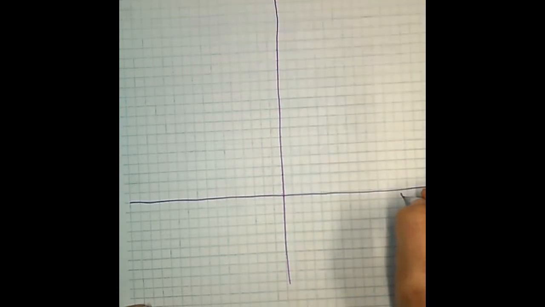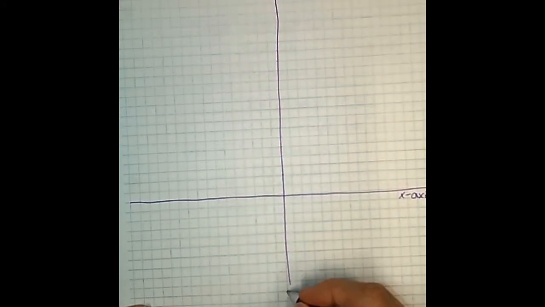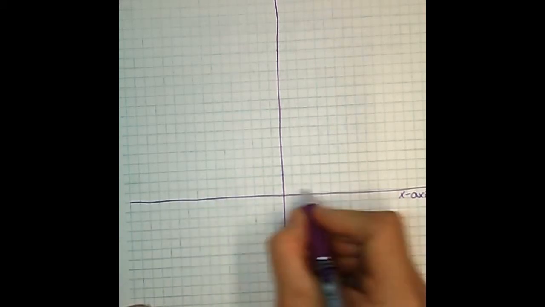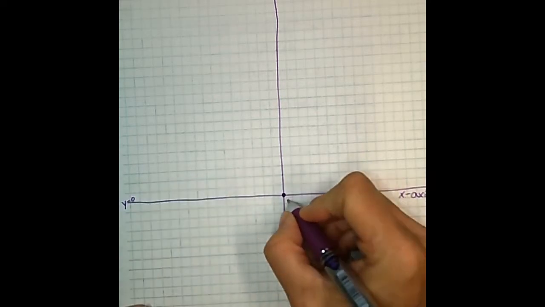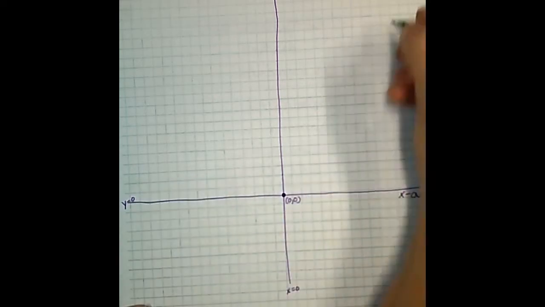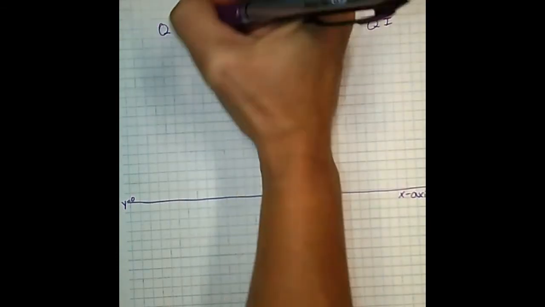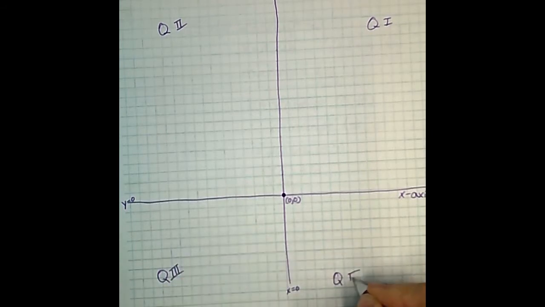I have my x-axis. And any time I have a point on the y-axis, x is 0. Anytime I have a point on my x-axis, y is 0. This point right here is called the origin. It's (0, 0). I have quadrant 1, quadrant 2, quadrant 3, quadrant 4.